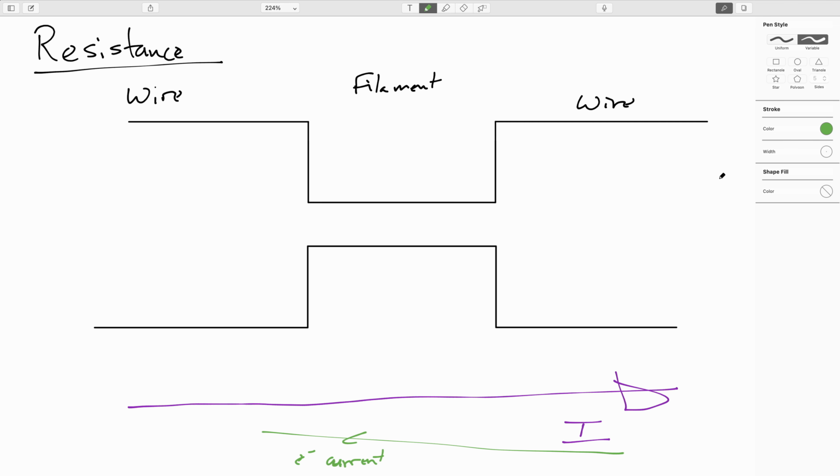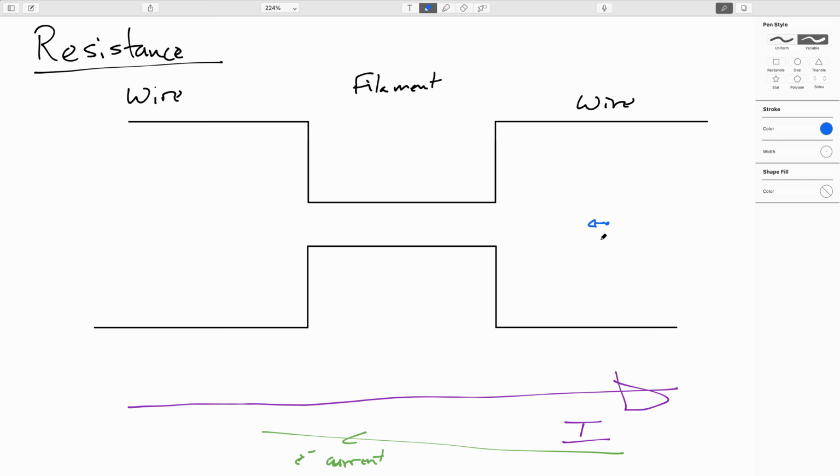All right. So I already mentioned, and we will look into this in more detail in a future video, that in a typical wire, our electrons are not moving very fast at all. So they're drifting very slowly.